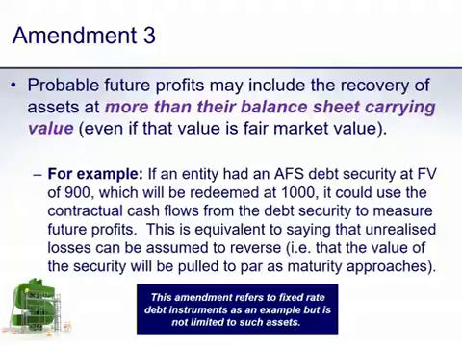This has the effect of saying that unrealized losses can be assumed to reverse. In other words, the value of the security will be pulled to par as the maturity of the security approaches. Again, I repeat, this amendment refers to fixed rate debt instruments for purposes of the example, but please understand that this is not limited to debt securities only.